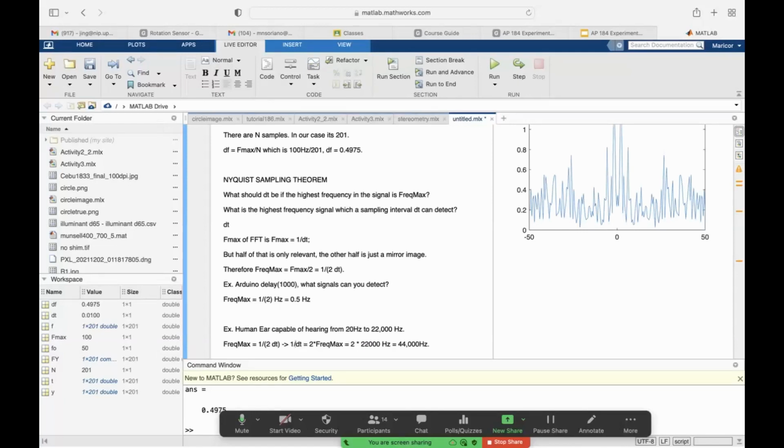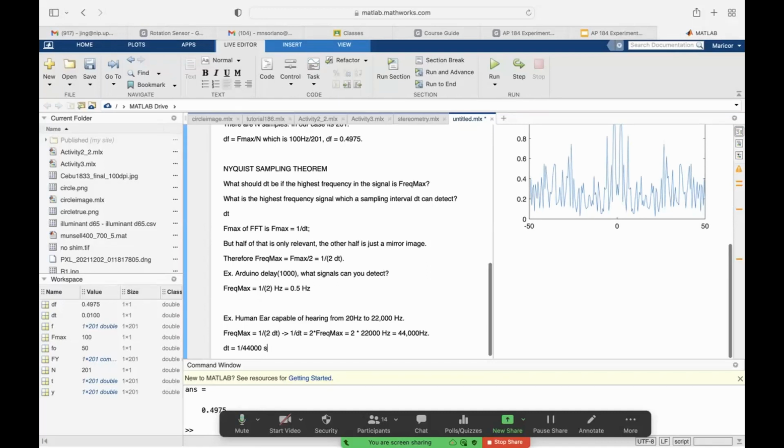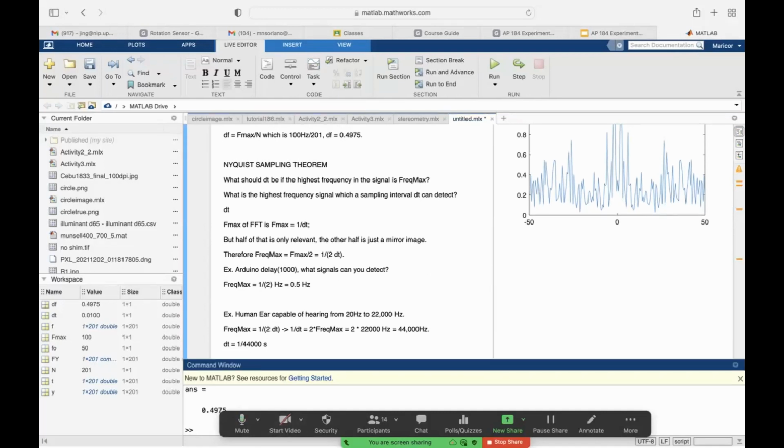Teka, frequency pa lang to. 1 over dt, 44,000. So, dt is equal to 1 over 44,000 second.